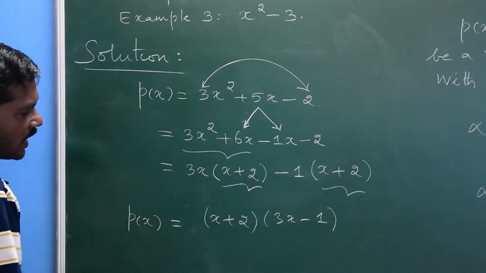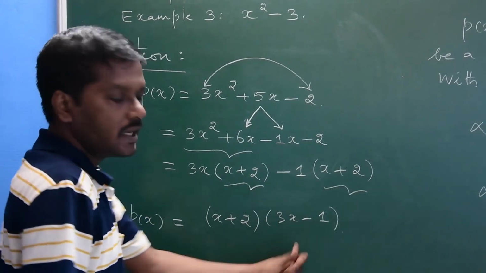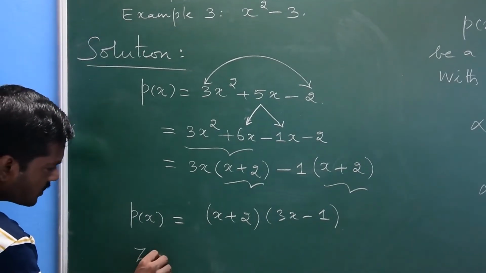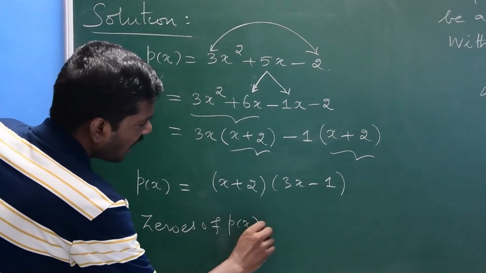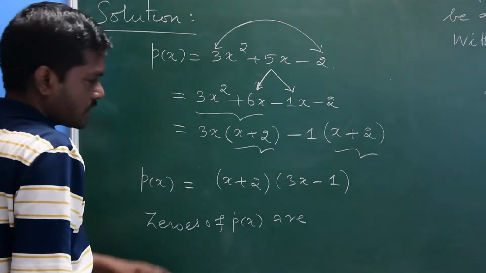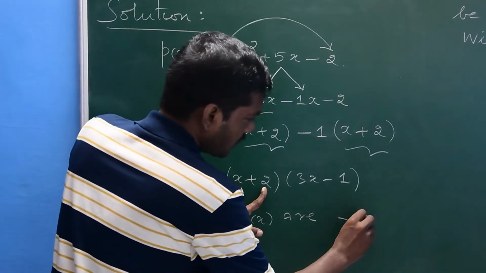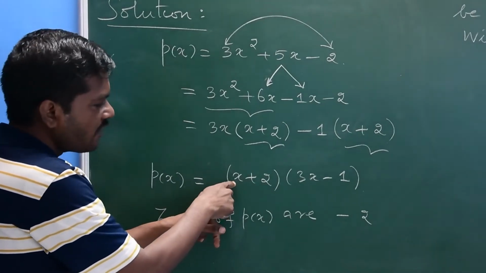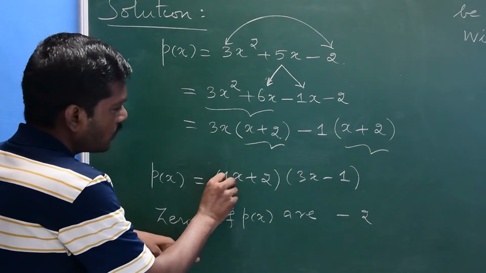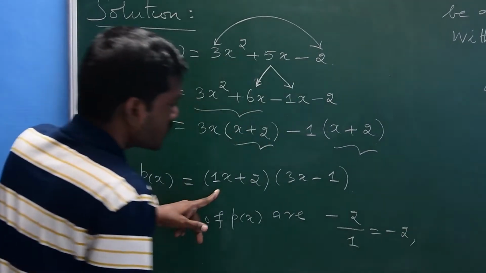Now we know that this is a linear polynomial and this is also a linear polynomial. So what are the zeros of p of x? Minus constant term by coefficient of x. The constant term here is 2, the coefficient of x is 1, so this is minus 2, that is one zero.